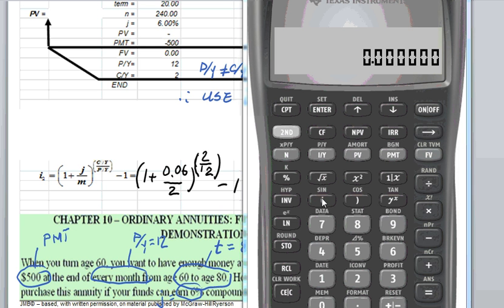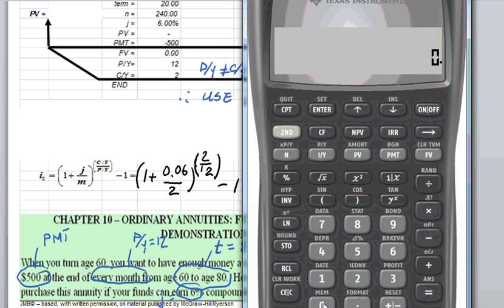So we're going to put a left bracket and then 1 plus 0.06 divided by 2, and then right bracket, then y^x, then left bracket, 2 divided by 12, right bracket, and then minus 1, and equals.